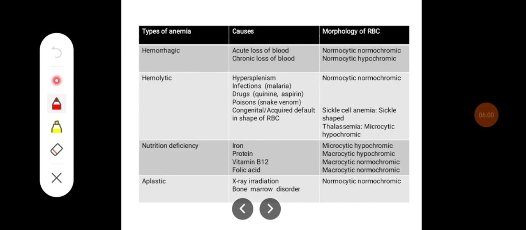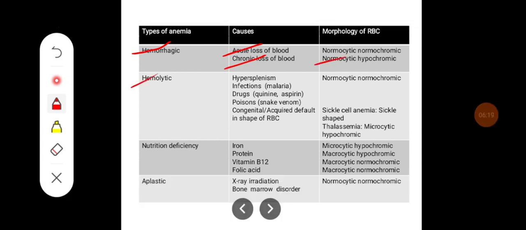Here are some of the differences in the etiological classification of anemia. Hemorrhagic anemia occurs due to acute or chronic loss of blood, and usually the morphology will be normocytic normochromic or normocytic hypochromic.